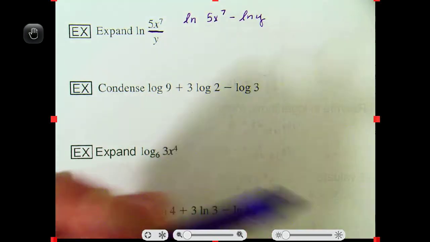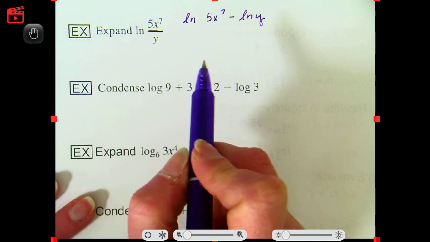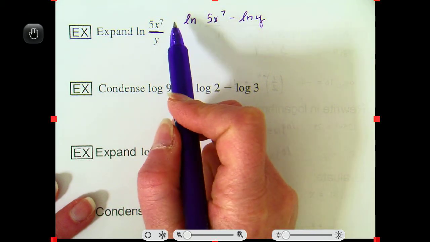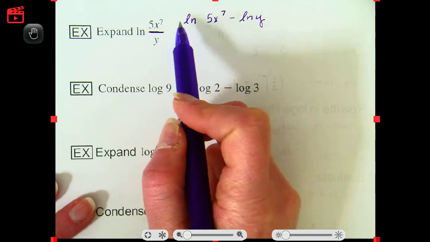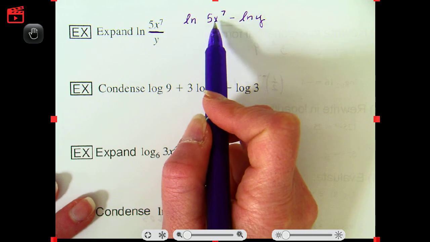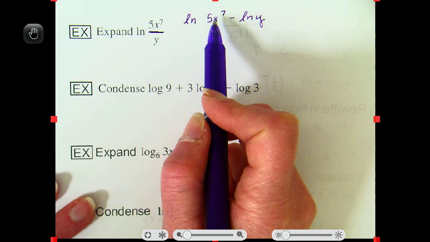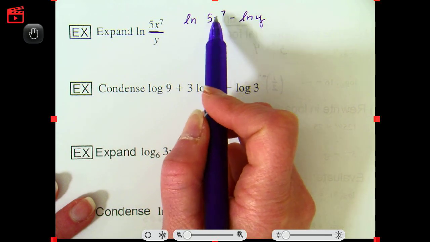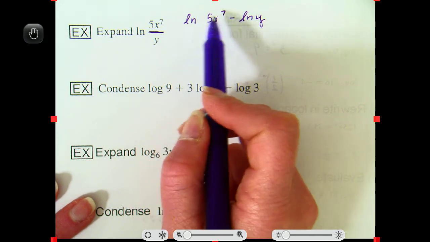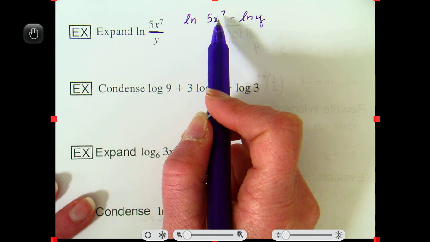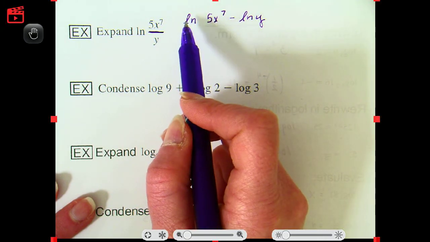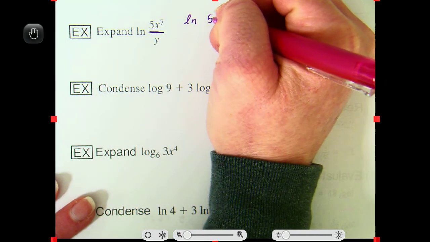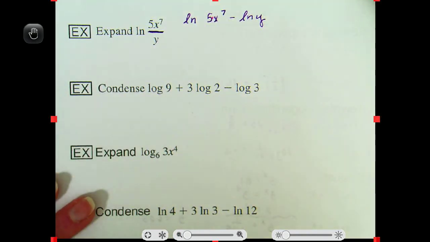Now, a silly mistake that people make here, they want to take this power and move it to the front, but I cannot take this power and move it to the front because this power only applies to the x. If this 5x was in parentheses and the 7 applied to the whole grouping, I could move it to the front, but since it only applies to the x, I cannot move it to the front yet. However, I do have natural log of 5 times x to the 7th.